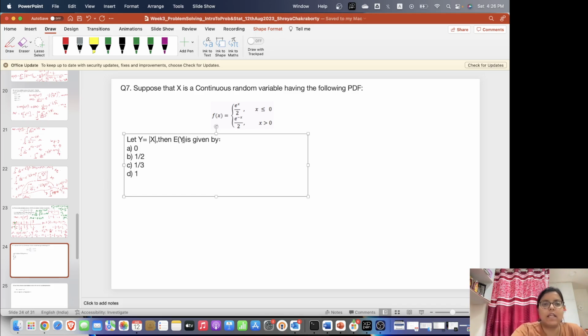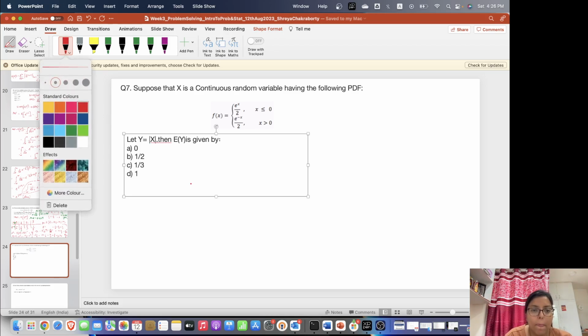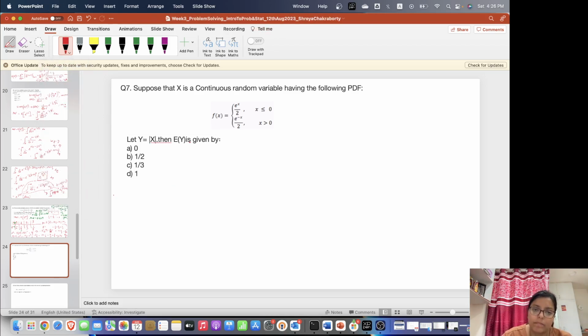So, as usual, we'll proceed from the definition. Here x is a continuous random variable having this PDF, y is mod x, then what is the expectation? So here also we have expectation of some g(x), where g(x) equals mod x.